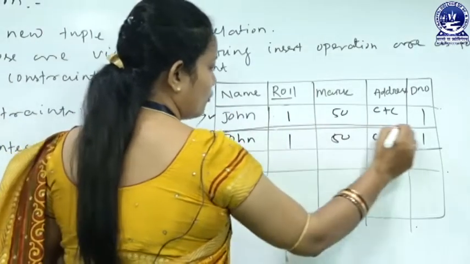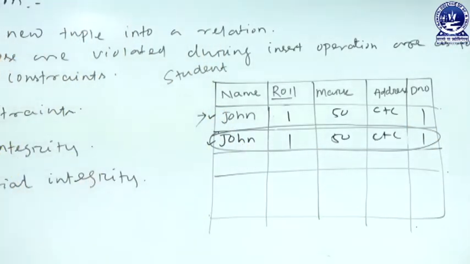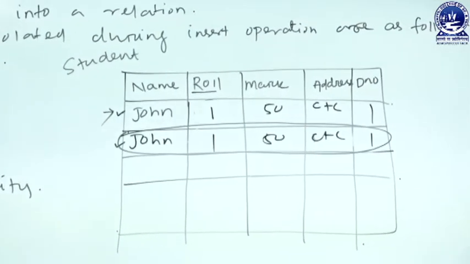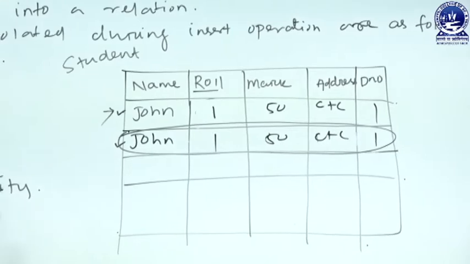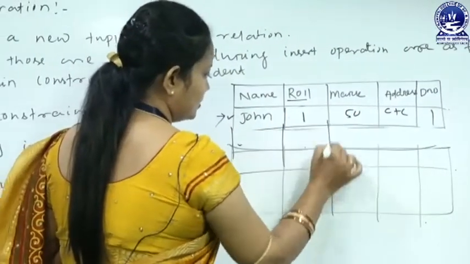So, this will violate the key constraint. That means the key constraint cannot be satisfied with the same combination of all values in two tuples in a relation. So, this may be an invalid value for the relation student.